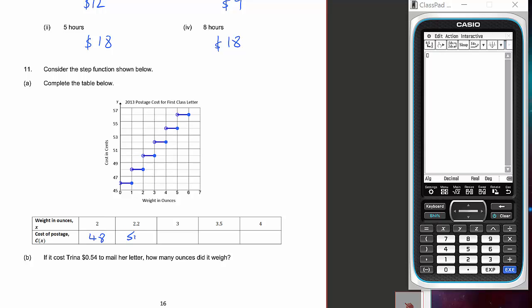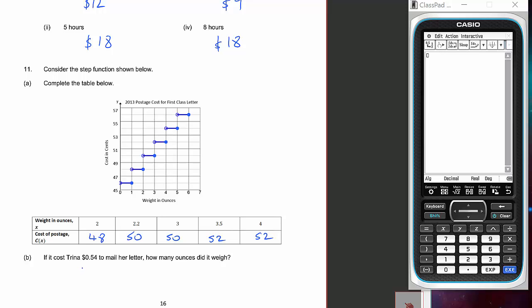So that would be 50. At 3, that's exactly on this one, so that would be 50 as well. 3.5, we'd have to go up to this next bar, which is at 52. And 4 would be exactly on this one, so that's 52 as well.